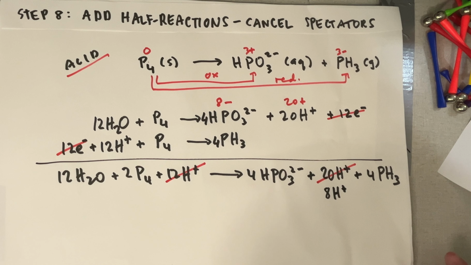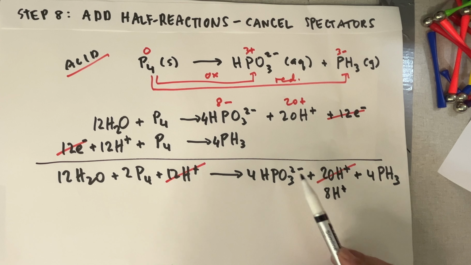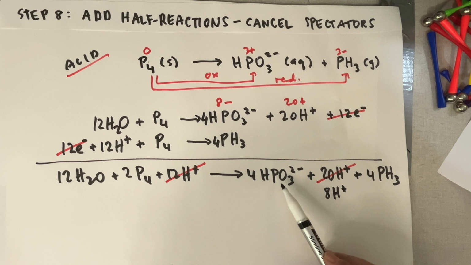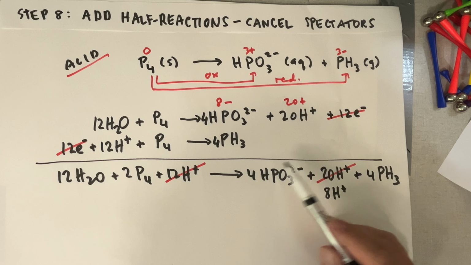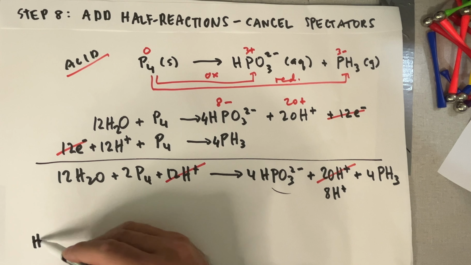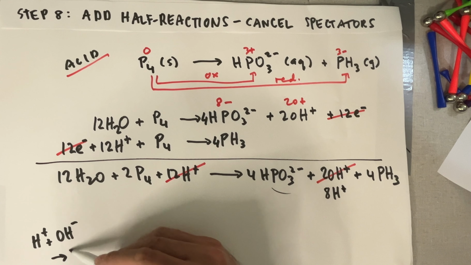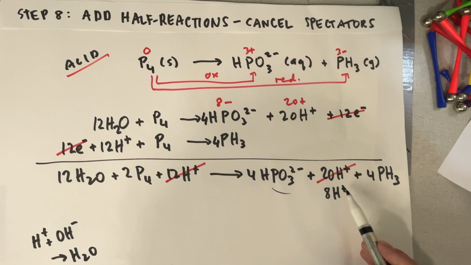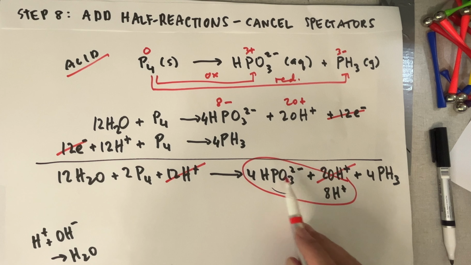And typically one would think this is the end of the story, but notice that this phosphite is basically a conjugate base of hydrogen phosphate. And so just like when you have a situation where H plus and OH minus react to give water, you have a similar kind of situation here, where these two will react if they're in solution.